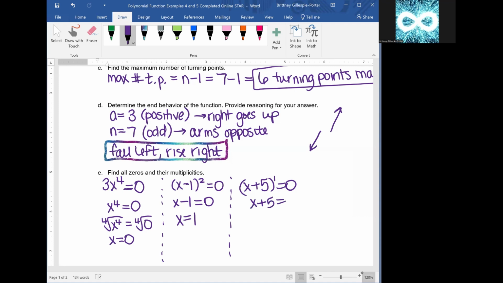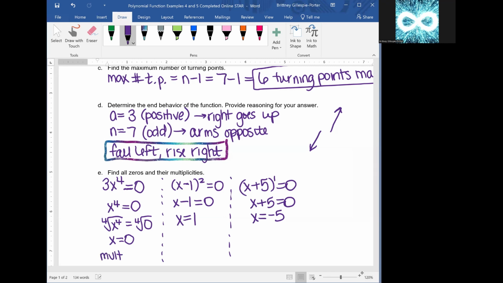That means that x plus 5 is 0, or x is equal to negative 5. So we have 3 distinct or separate or individual x-intercepts. And you may be thinking, wait, our degree is 7. You said we had 7 x-intercepts. We only found 3. That's where their multiplicities come into play.